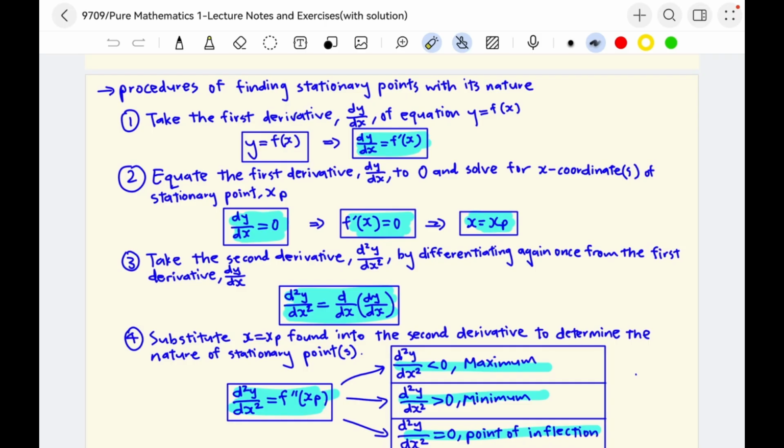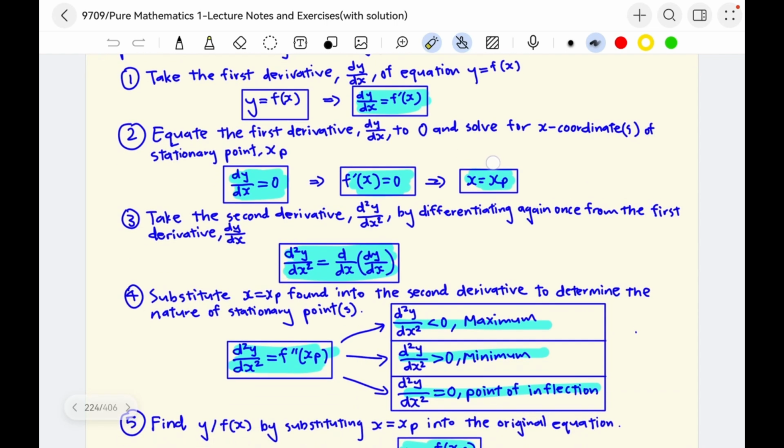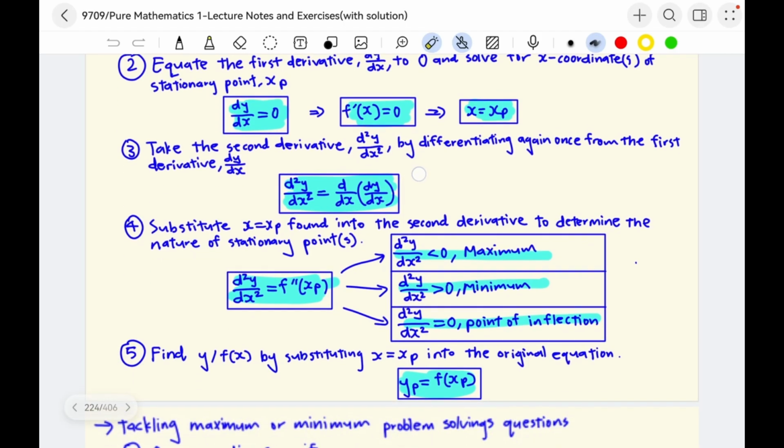But we can't know whether it is a maximum or a minimum point. It's okay. We can take the second derivative to find its nature. Then you substitute x is equal to xp to determine the nature of the stationary point.